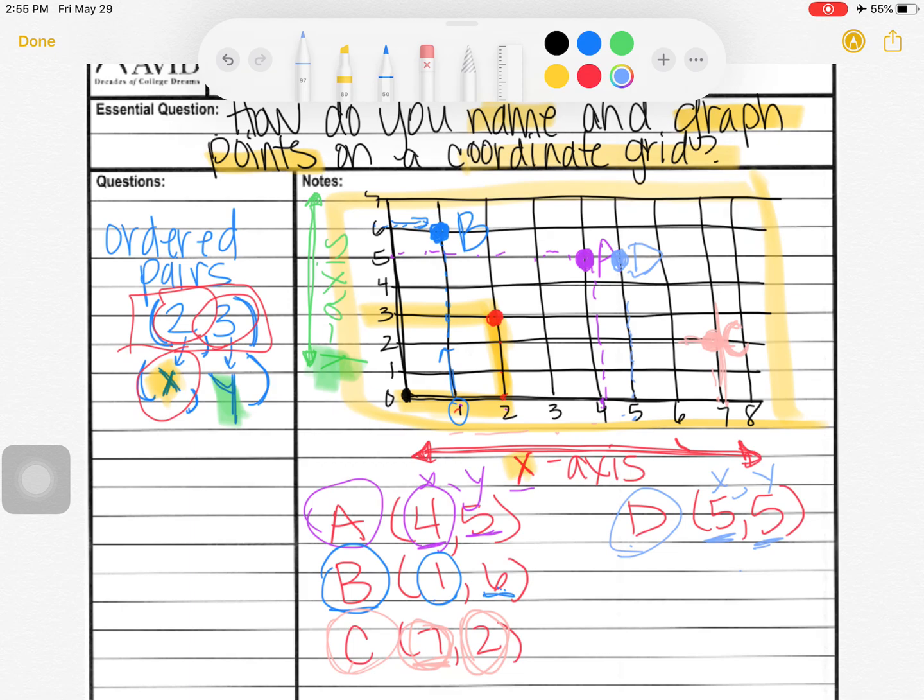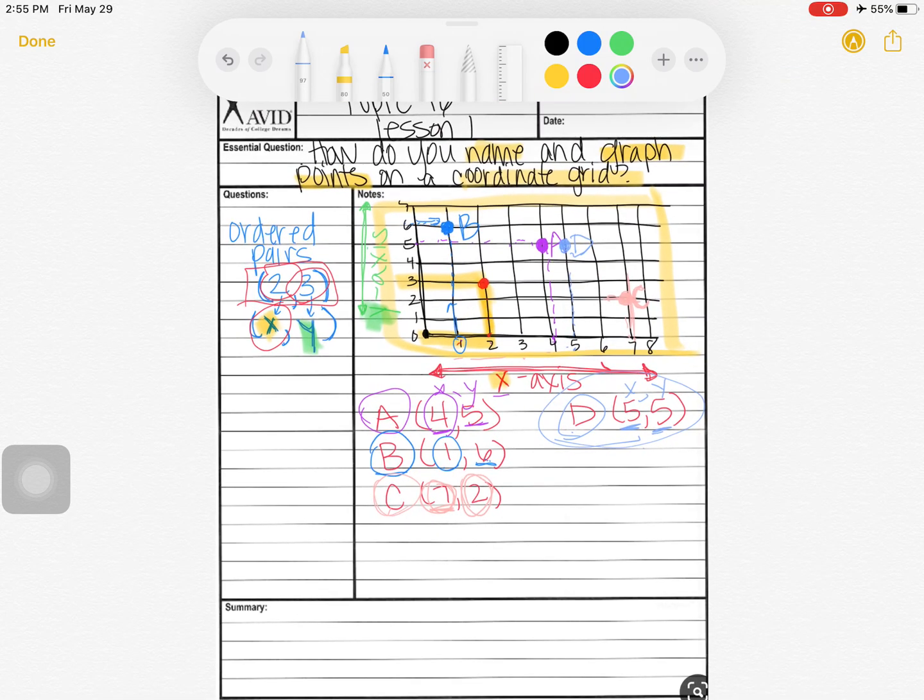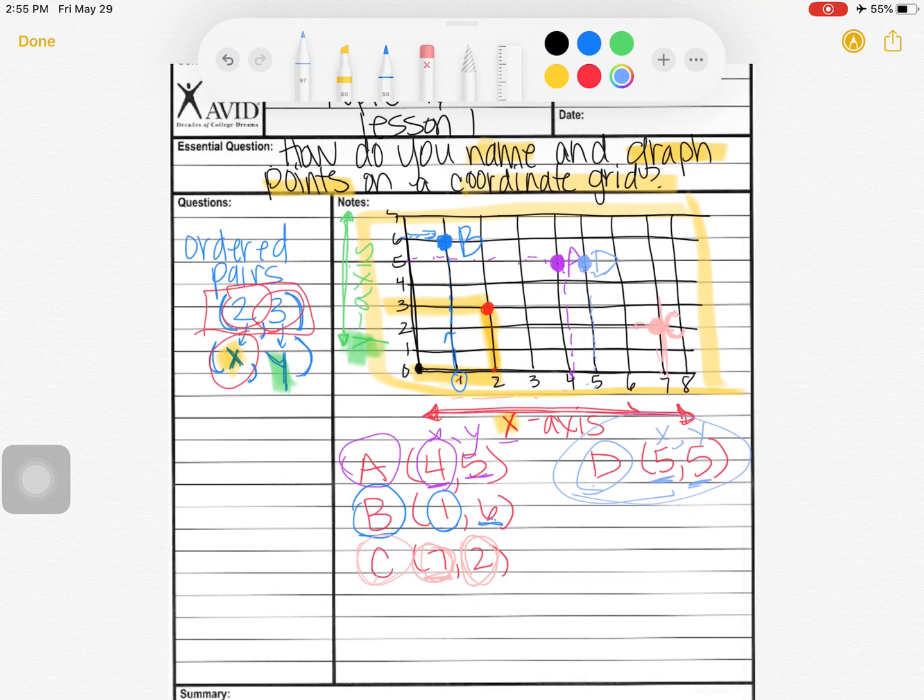What you're doing today is they're going to give you these ordered pairs, and you're going to have to find them on the coordinate grid and write the name. So say I put some points here. This is E, and this is F, or G. I'm going to call this one G. I say, where do you find 3, 4?